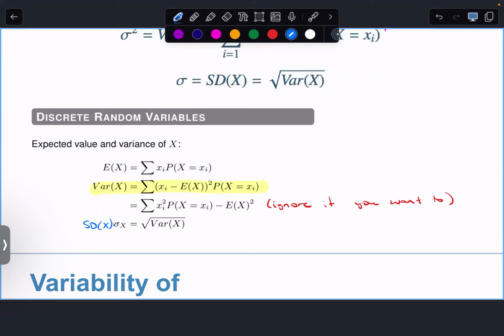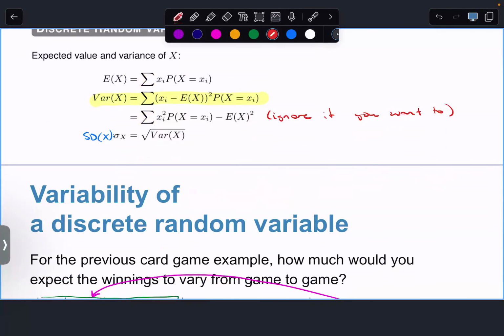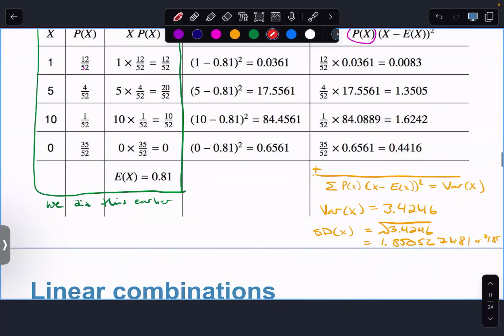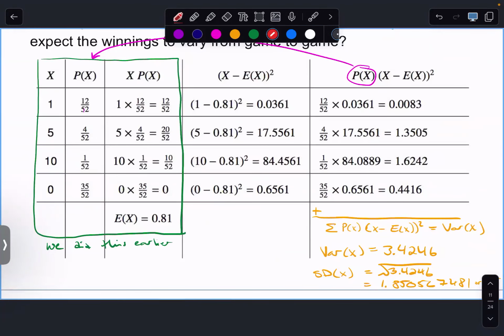It's the square root of the variance of x. Should put an arrow. Don't ignore the highlighted one because that's the one we talked about. But you can ignore the second one. It's just a derivation of the first. Okay. Any questions about that one?